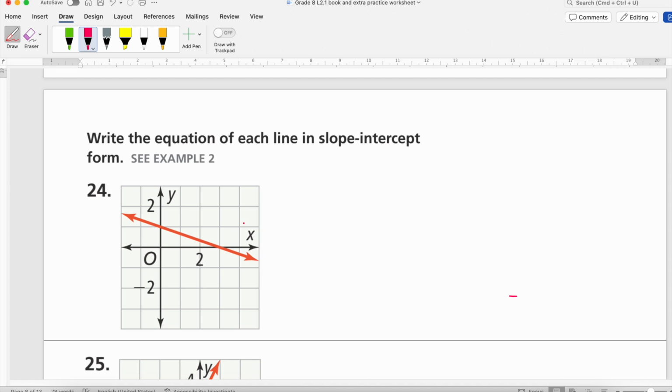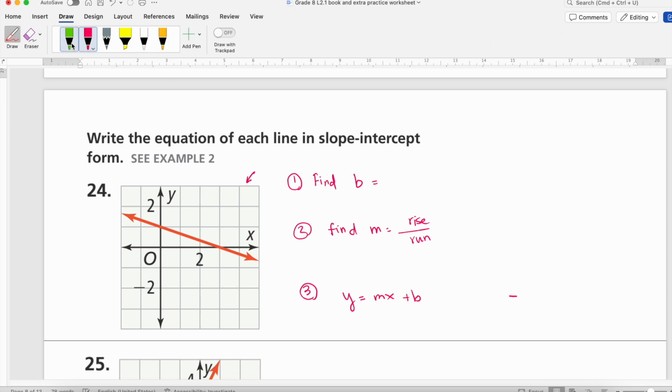Again, to write the equation of a line given a graph, I need to find b. Step number 2, find m. Since I have a graph, it's better to use rise over run. Step number 3 is write the equation y equals mx plus b.